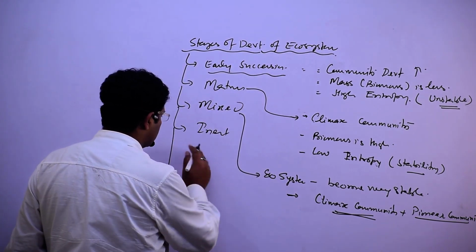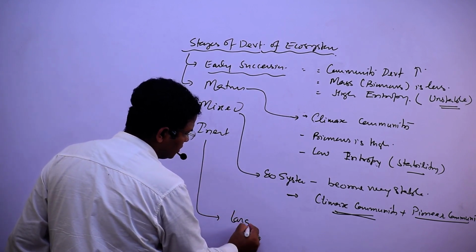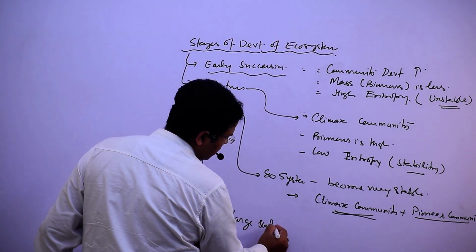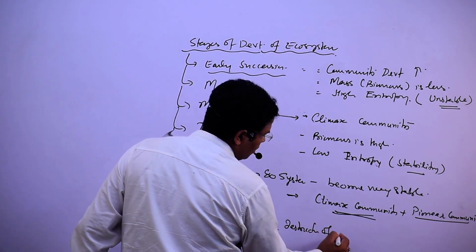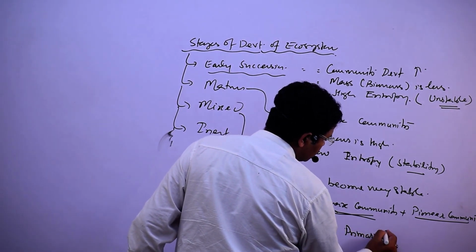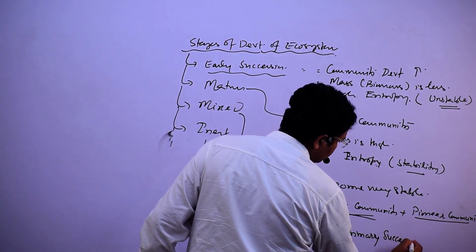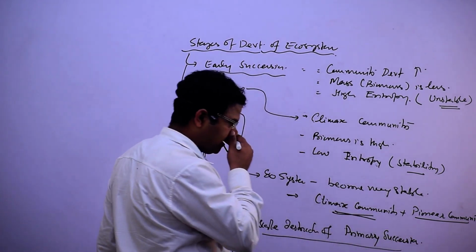And the inert, if I am talking about large scale destruction of primary succession. Clear?